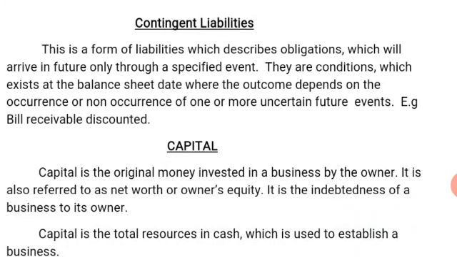They are conditions which exist at the balance sheet date where the outcome depends on the occurrence or non-occurrence of one or more uncertain future events. So contingent liabilities are liabilities that cannot be determined because their occurrence depends on future events.